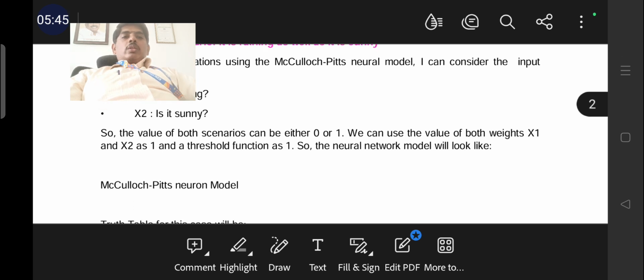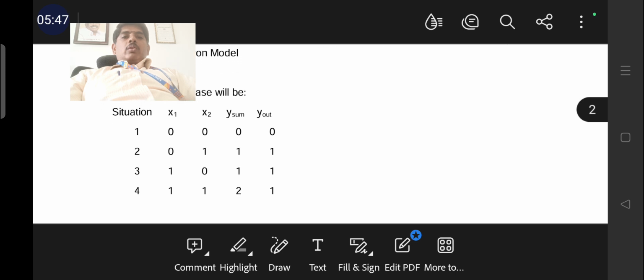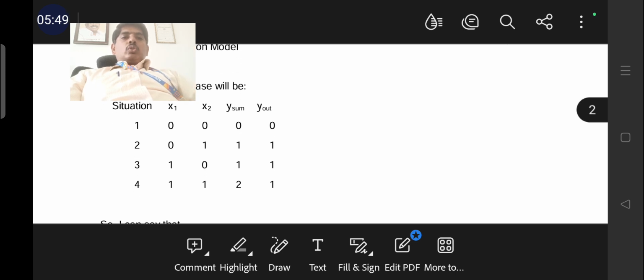These conditions you have to compare with the logical function. This is the truth table of the logical function, and you consider the four situations: situation 1, 2, 3 and 4. The two inputs are given to the McCulloch neuron model and we get one output. First input: x1 equal to 0, x2 equal to 0, so there is no sunny and no raining.